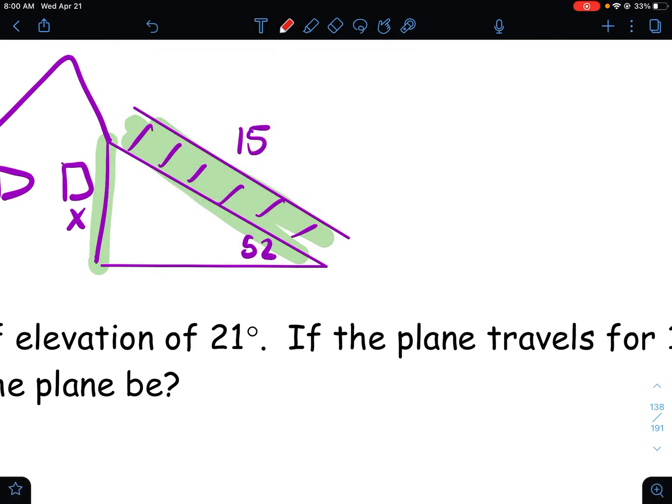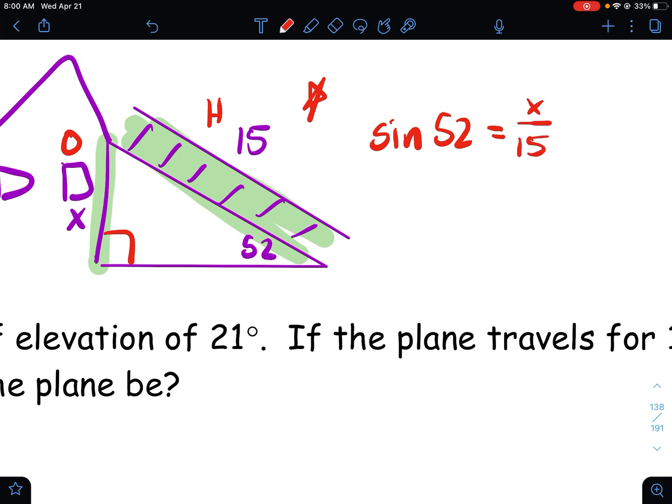That's my ground. That's my unknown. So if we look, I was given my opposite and my hypotenuse. So which trig function am I going to want to use? I'm going to want to use sine, right? So we're going to do sine of 52 equals my opposite, which is x, over my hypotenuse, which is 15. Go ahead and solve for the height.